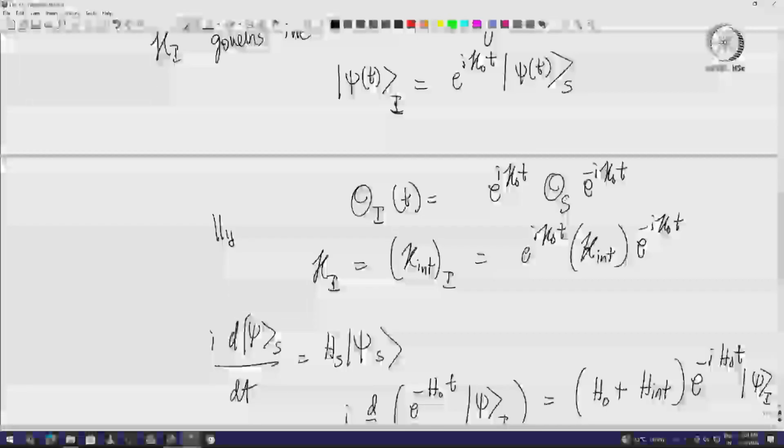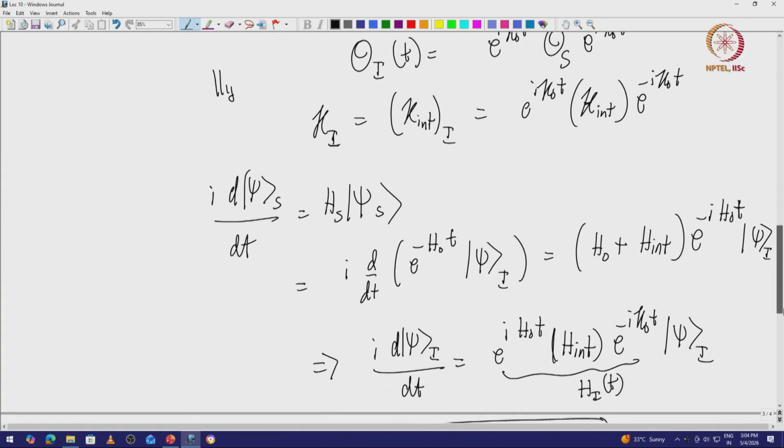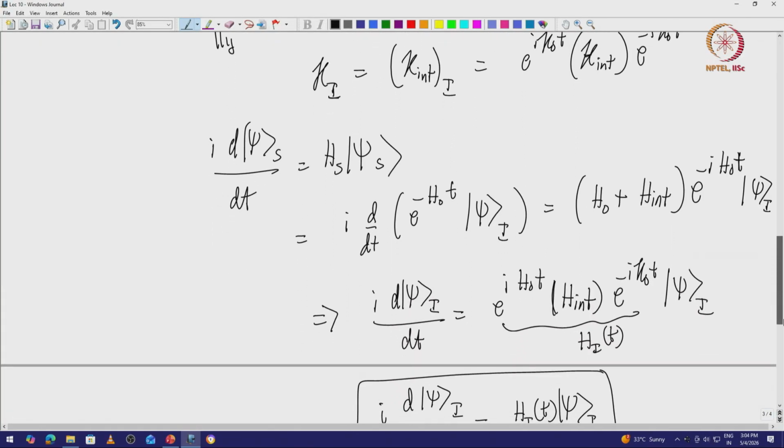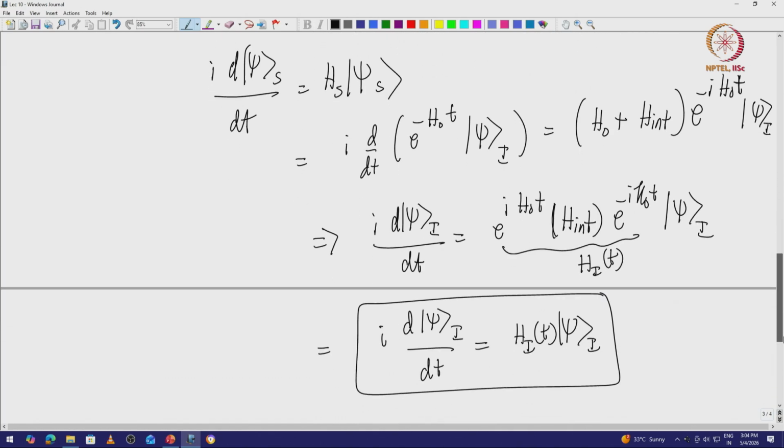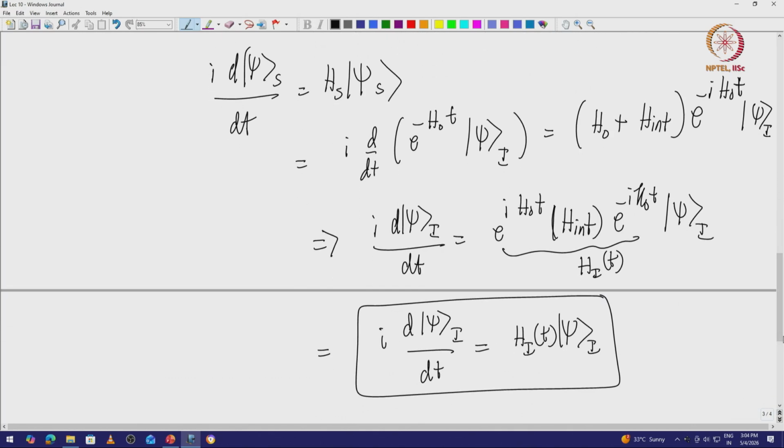Using these three, I can start with the Schrodinger picture and derive del psi I by del t is equal to H_I of t. So within the interaction picture, the evolution of the states, not the operators, is only impacted by H_I. H_I is the interaction Hamiltonian in the interaction picture.